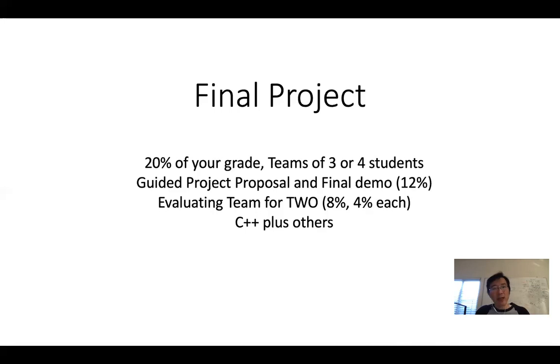You can have different components, but I'm asking that at least one major component be written in C++, which shouldn't be a problem, okay? All right, that's the high-level concept about what you need to do for the final project.